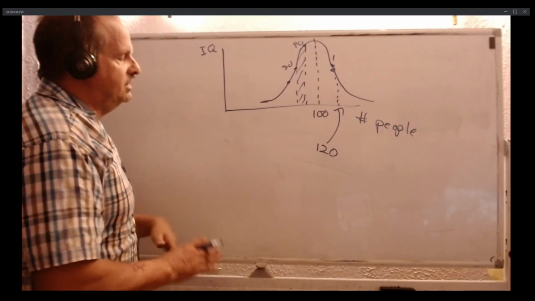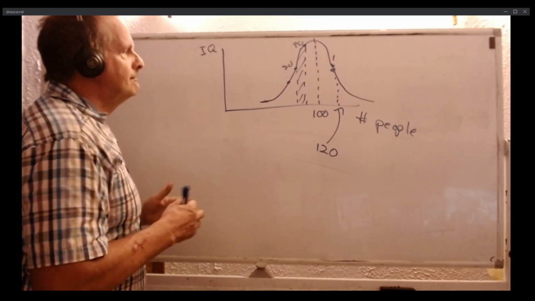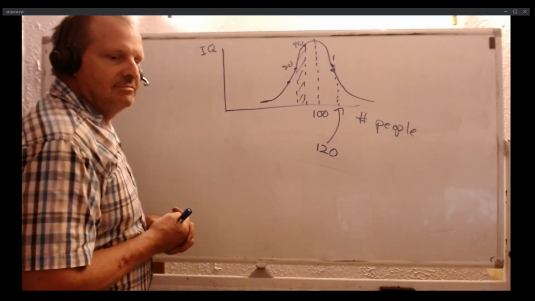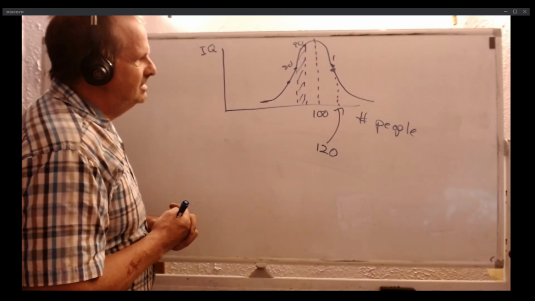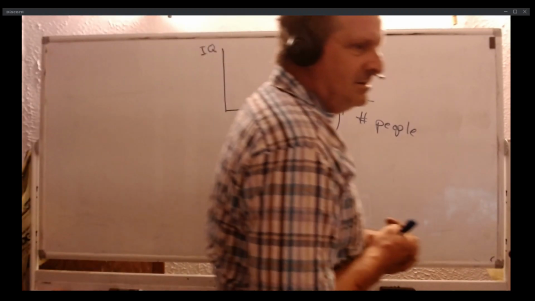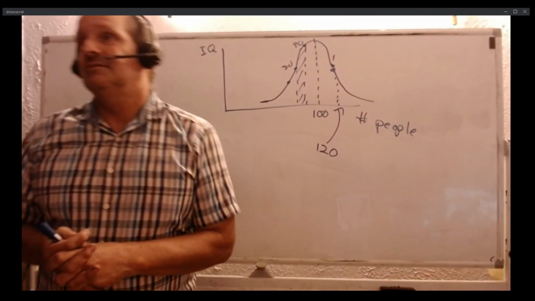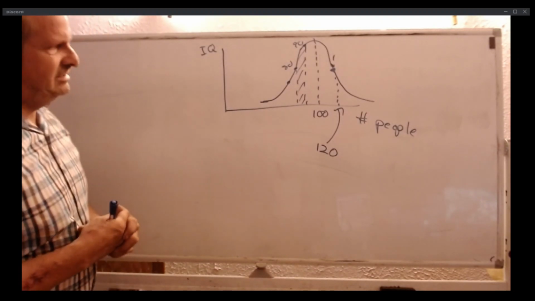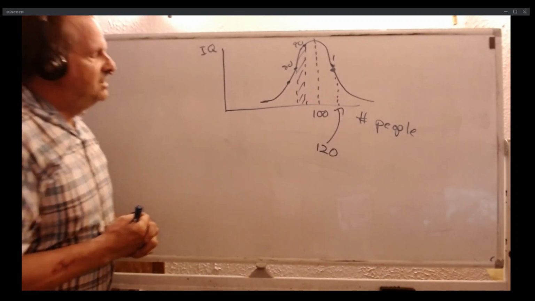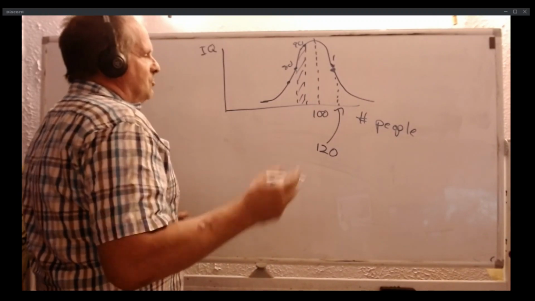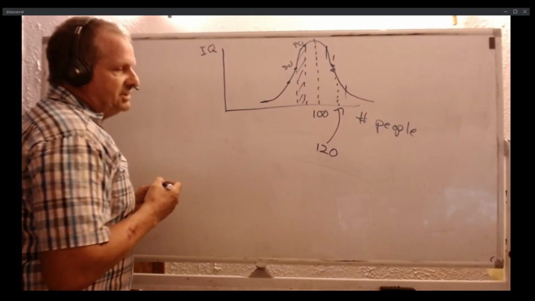So what's the probability that a randomly selected person has an IQ of 120? It's a little bit of a trick question. It's a point, right? What's the area under a point, guys? 0. Okay, so for continuous, we have to use integration over ranges for these calculations.